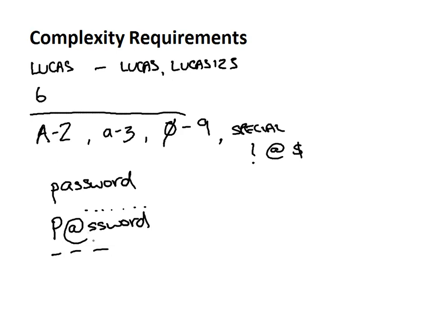For example, we could take these 2 S's here and replace them with the number 5. We could replace the O with a 0. Again, even though this is a far more secure password than actually using the word password, variants on the word password itself aren't particularly recommended, so I'd suggest use your brain and think of something else.